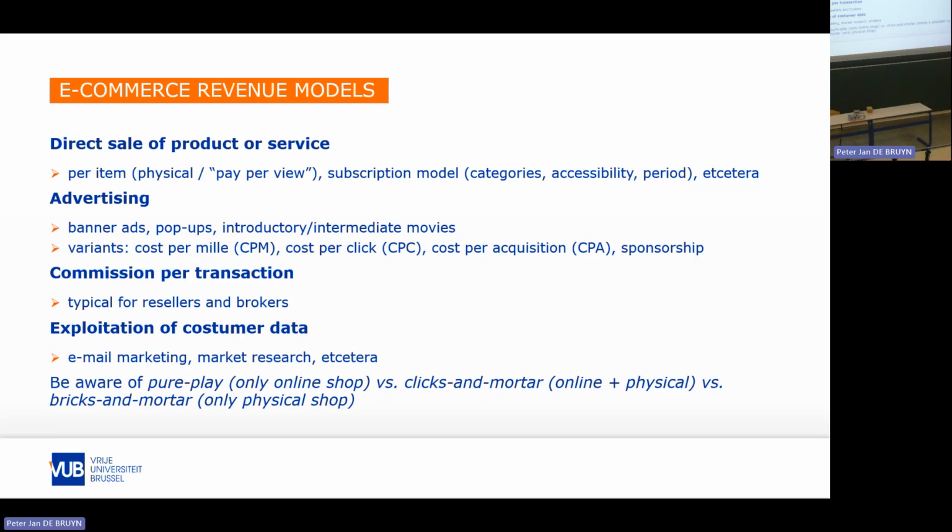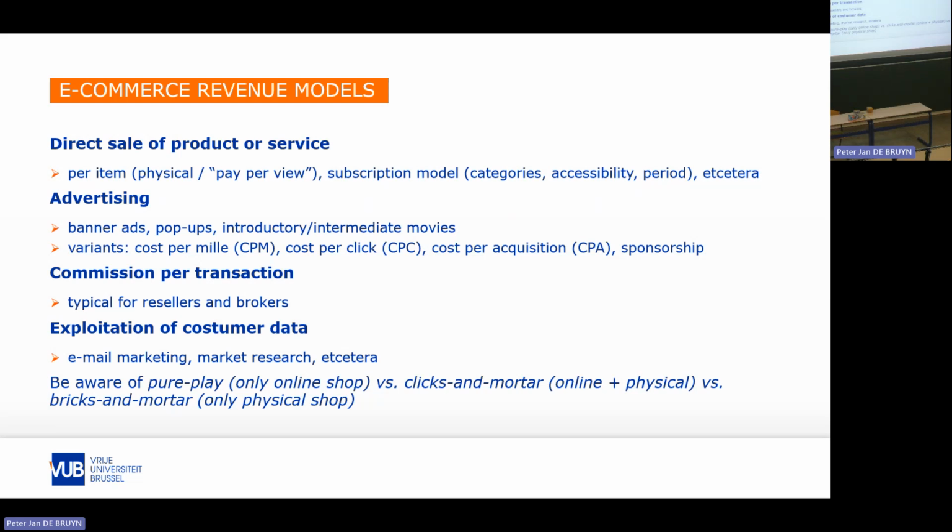You have shops which are only pure play, so they are only online. You have shops or companies which basically have the combination, clicks and mortar, so they're both online and physical, or you have companies which are only bricks and mortar, only physical. But you do see those evolutions throughout time. It used to be the case that Amazon was only a pure play, but they actually went to clicks and mortar.